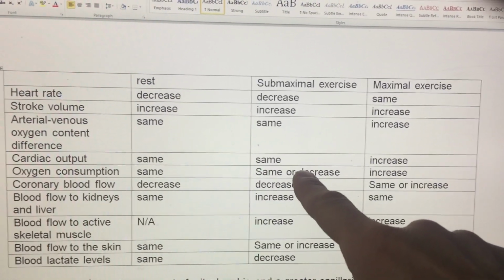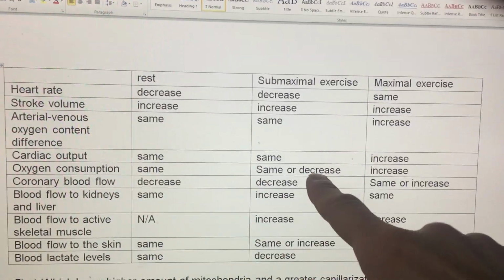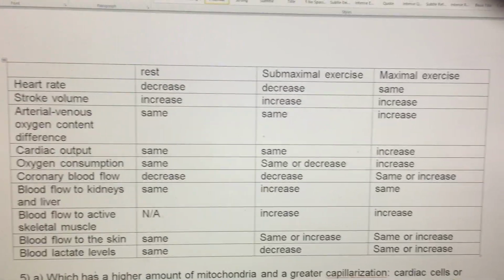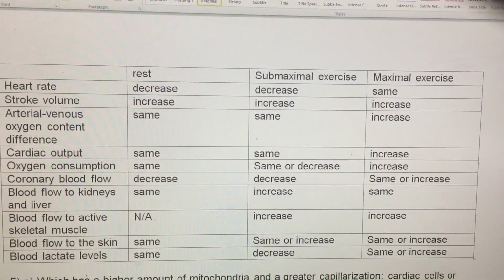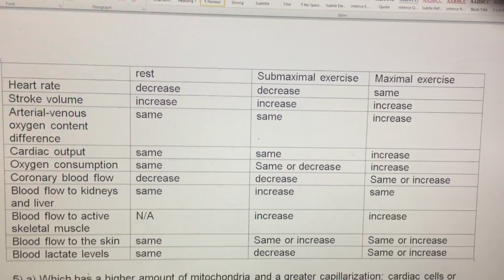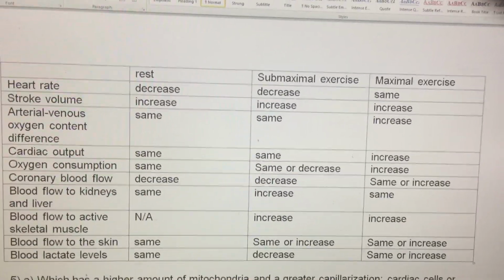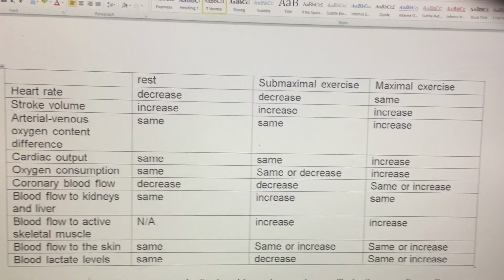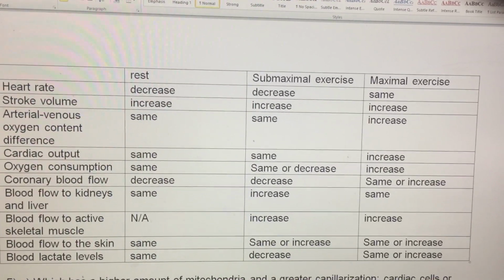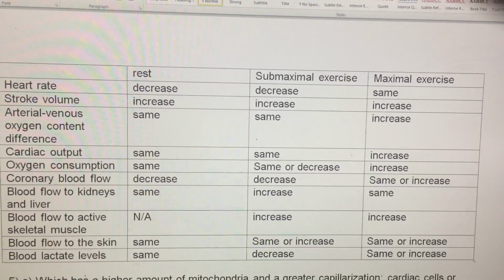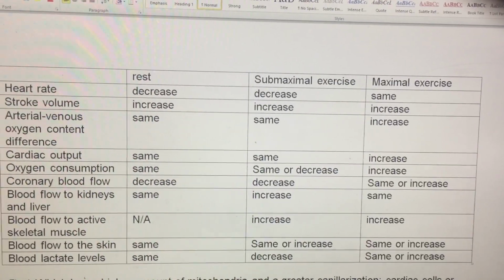At submaximal exercise, it probably stays the same, but it might decrease if the person is becoming more efficient at the exercise. So often you'll see a trained individual become more efficient, for example, at running or cycling, and that results in a decreased energy expenditure for a given workload. So sometimes you see a decrease in oxygen consumption at the same level of submaximal exercise.